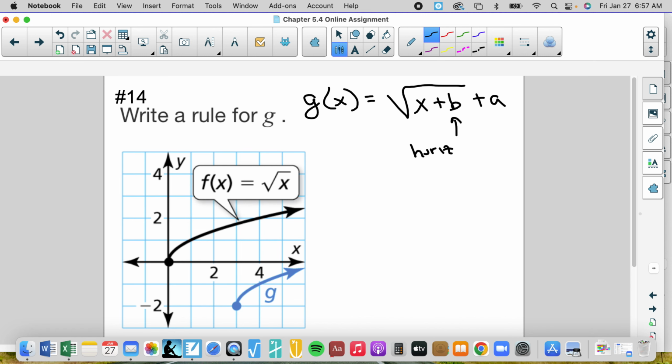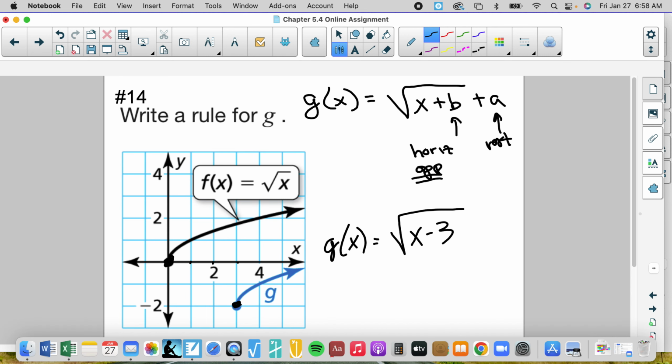But the tough part is that because it's with the variable x, it's going to be the opposite of what we see. So we're shifting this point and this point horizontally 1, 2, 3 to the right. You would think that is plus 3, but remember it has to be the opposite of what you see. So G of x is going to equal the square root of x minus 3. That's our horizontal, and anything outside of it is going to be our vertical shift.